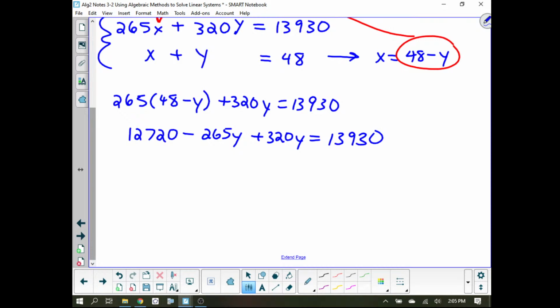That's going to be 55y there, and then we've got 12,720. It's a positive coefficient. All right, so that's what we get. Subtract the 12,720 over. What do we get there?